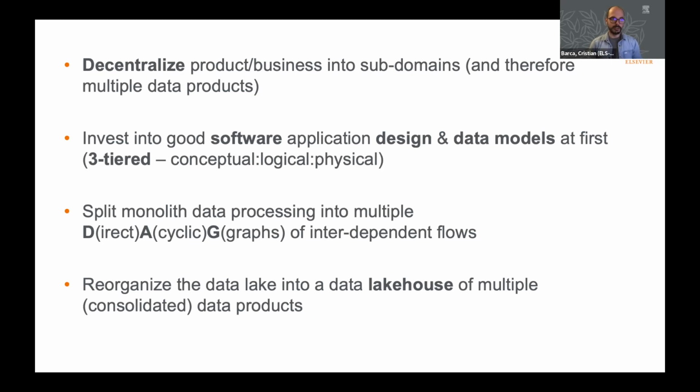Also, of course, we took a deep dive into our software, and we decided to split the monolith data processing into multiple DAGs of interdependent flows. And very importantly, to reorganize this data lake that we were processing, the whole data was in a data lake, into a data lakehouse of multiple such data products.